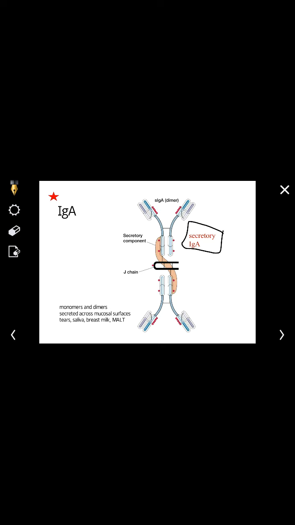It's a secretory immunoglobulin A, monomers and dimers secreted across the mucosal surfaces. You can find them in tears, saliva, breast milk, and MALT.